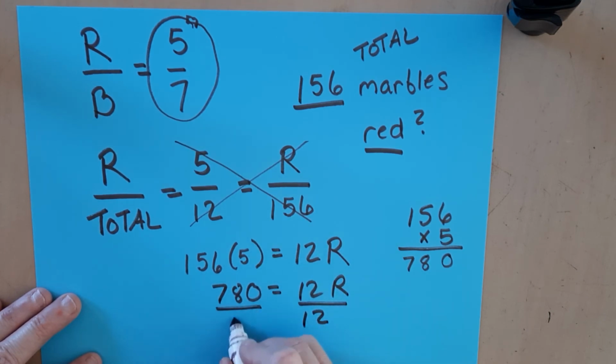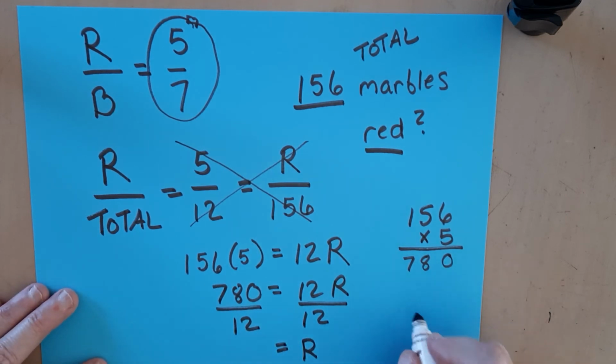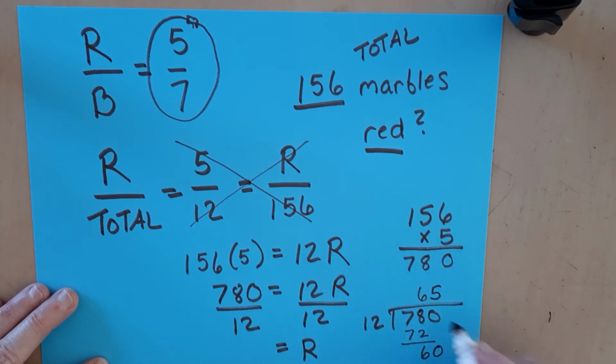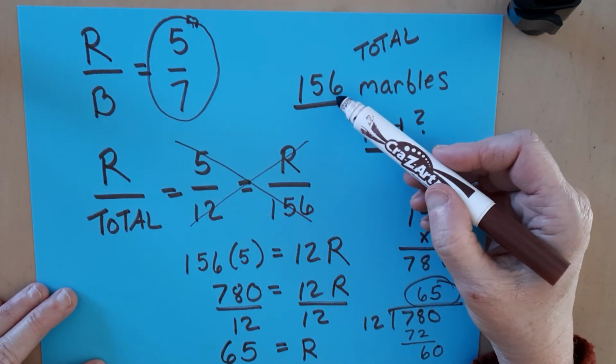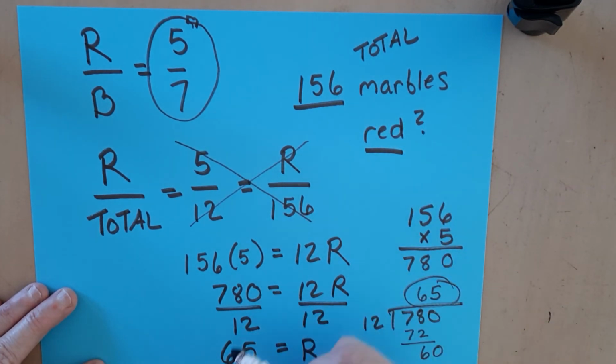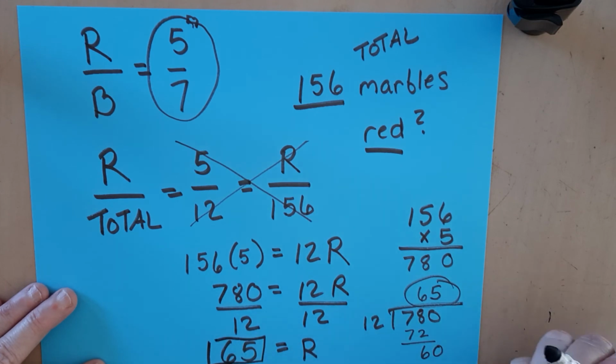Dividing each side by 12 is going to give us the number of red marbles. Again, you could simply do 780 divided by 12 on your calculator, or you can write it out. Writing it out, you'll see that the answer is 65. So in a bag of 156 marbles, 65 of them would be red. So this would be your answer.